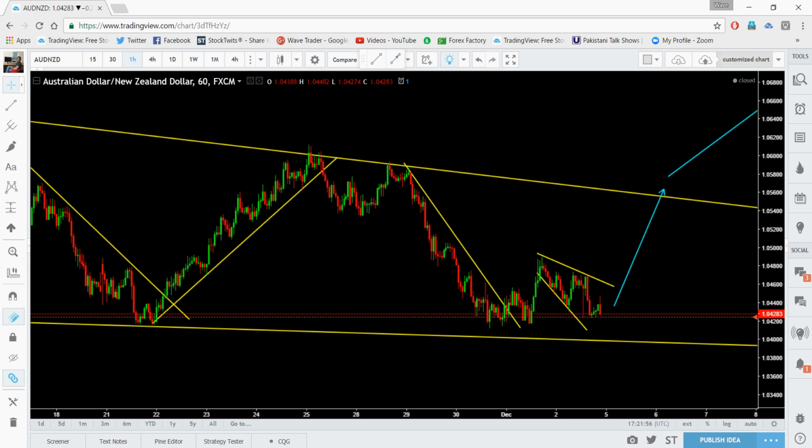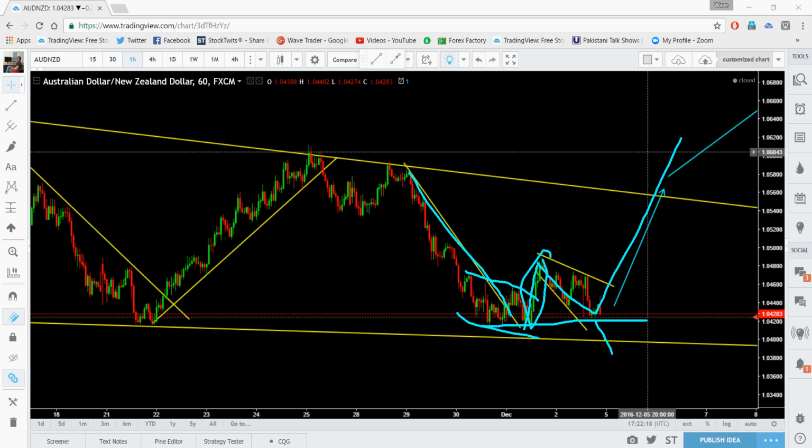We were anticipating that this corrective wave would break to the upside with impulse, forming a trend reversal pattern here, and broken out with impulse, and that this would continue to the downside and form a correction. Until price breaks below and closes below, this impulse is still in force. So we are anticipating the upside.